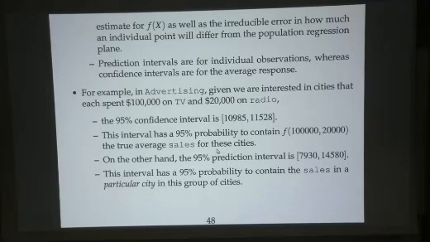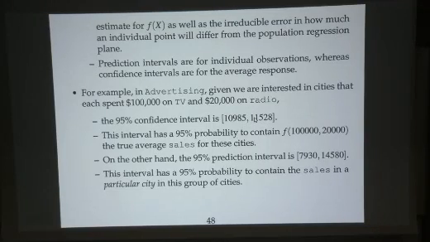But if you look at the prediction interval, which is where y lies, not where f(100,000, 20,000) lies, and y is f of this quantity plus epsilon, then the prediction interval is 7,930 to 14,580.